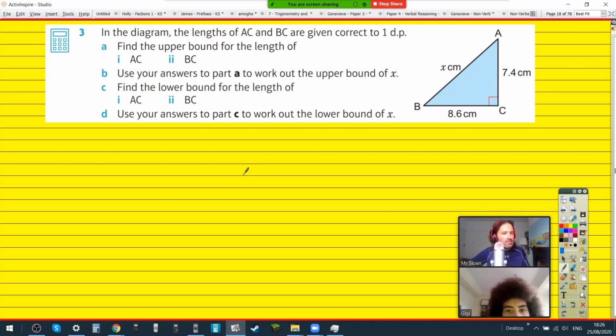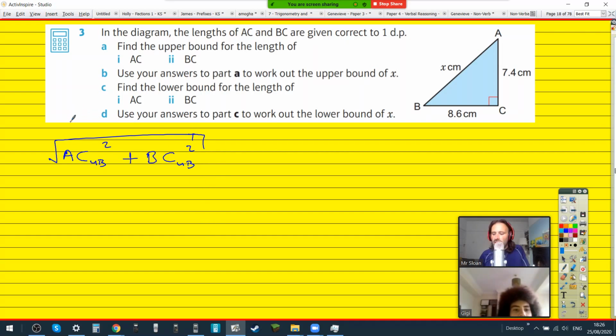It's Pythagoras. So you would find the upper bound of AC and BC, and then you would square them, get the upper bound of AC and BC squared, and then square root your answer.